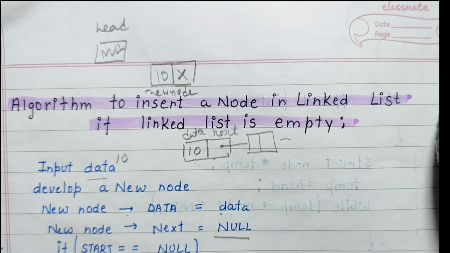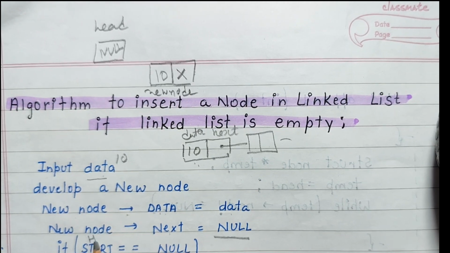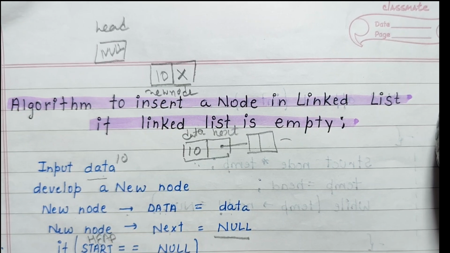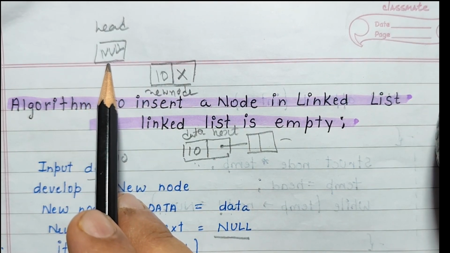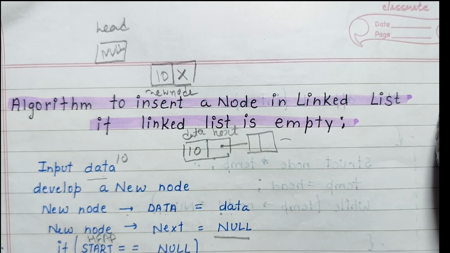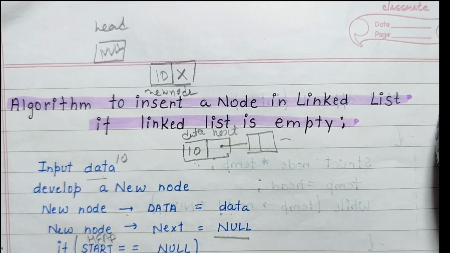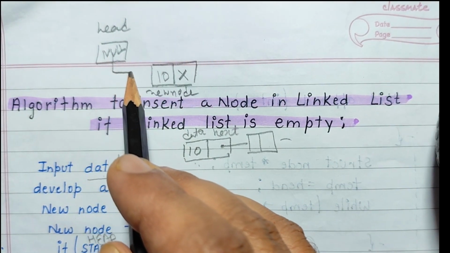After this, now we check the condition. If start is equal to null, start here represents the head. Now head is equal to null. Yes, this condition evaluates to true because head has the value null. If head is equal to null, then head is equal to new node, means now head points to which location?